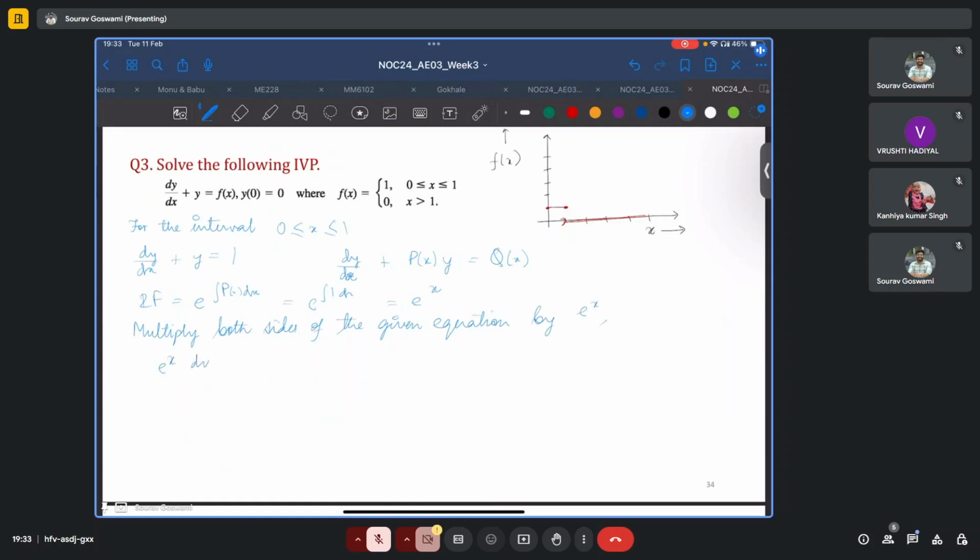So e power x dy/dx plus e power x y equals e power x, which implies that d/dx of e power x times y equals e power x.